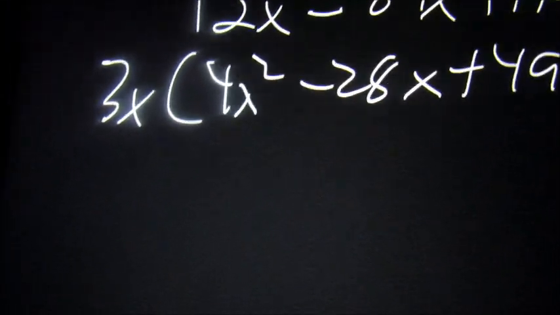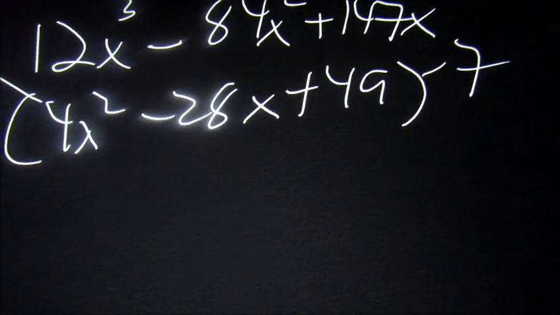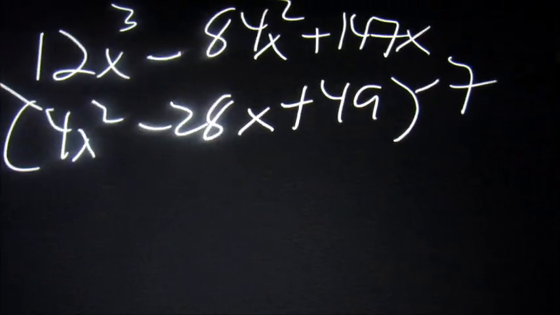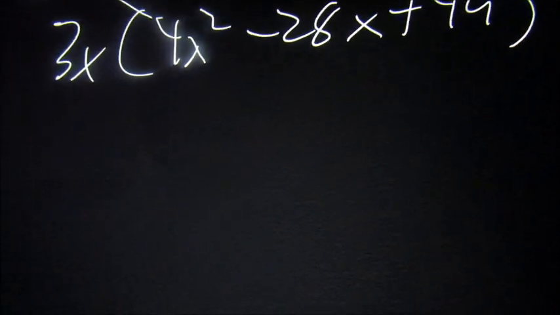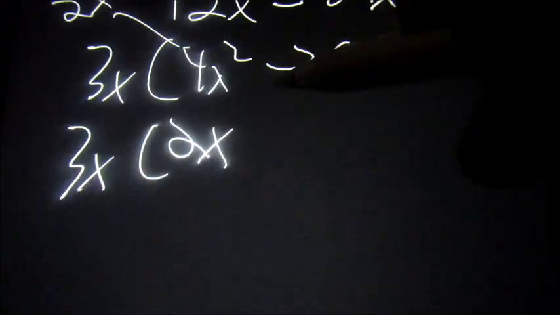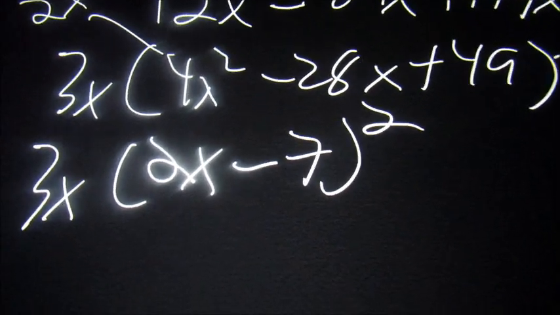So now the square root of 4x squared is 2x. Square root of 49 is 7. 2 times 2x is 4x, times 7 is 28x. So we need to keep our 3x. We're going to have a 2x, this is minus 7 squared.